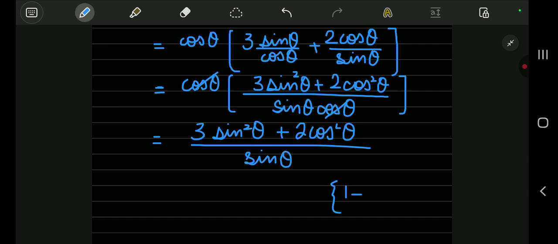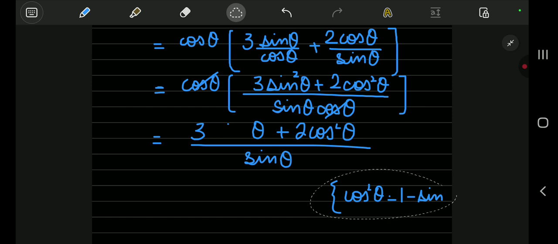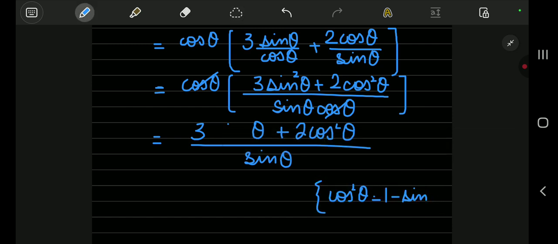That cos square theta is equal to 1 minus sine square theta. Where do we get this from? From the formula sine square theta plus cos square theta is equal to 1.